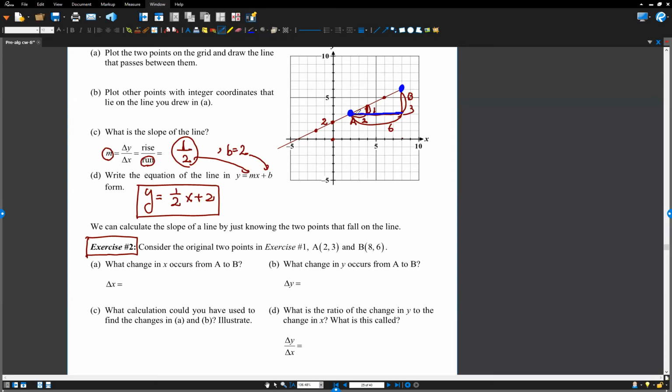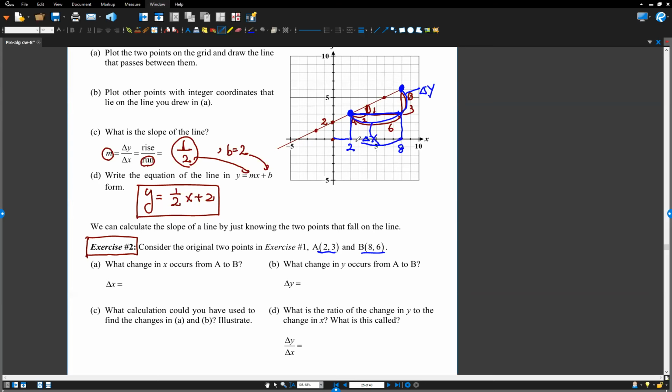This length is change in x. This length is change in y. How can you find the change in x over here? X coordinate. From here, x coordinate is what? 8. Here, x coordinate is 2, isn't it?